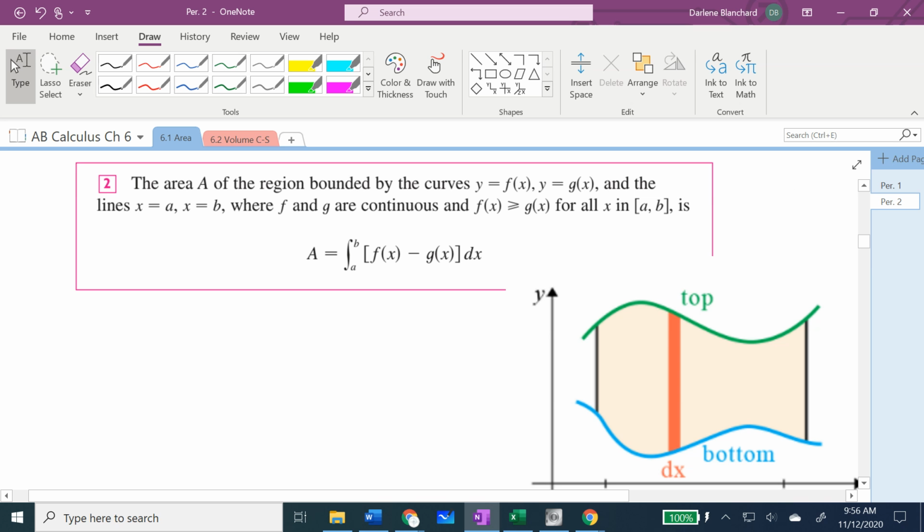So area is defined as the subtraction of those two functions between x equals a and x equals b. And I want to point out to you that the f of x minus g of x is just a length. The dx brings in another dimension with width. If I'm going to get area, I have to multiply 2 dimensions to make it happen.